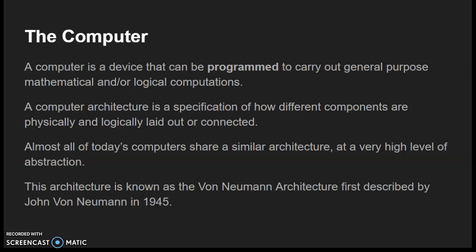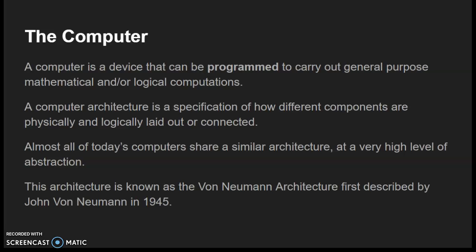So a computer architecture is a specification of how different components are physically and logically laid out or connected. Think about architecture. An architect designs buildings, and all the things that go into a physical house: all the systems, the plumbing, the foundations, the walls.